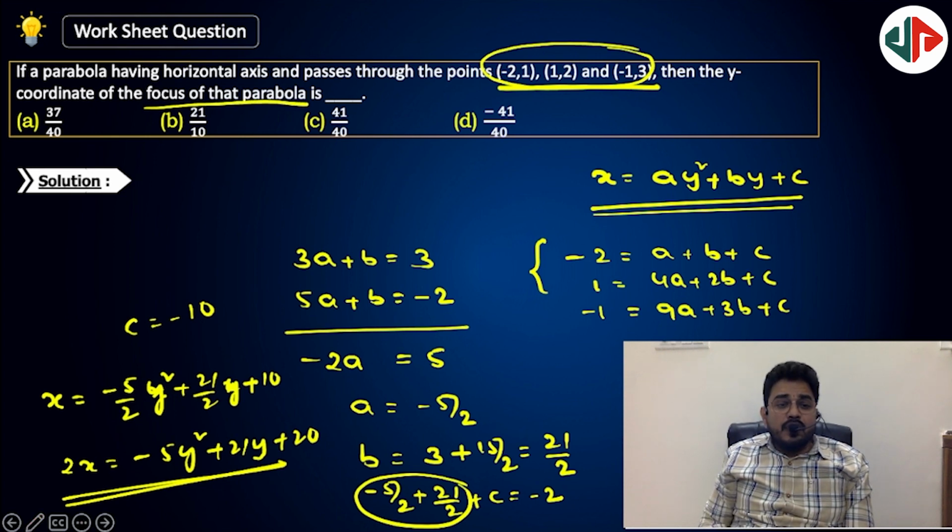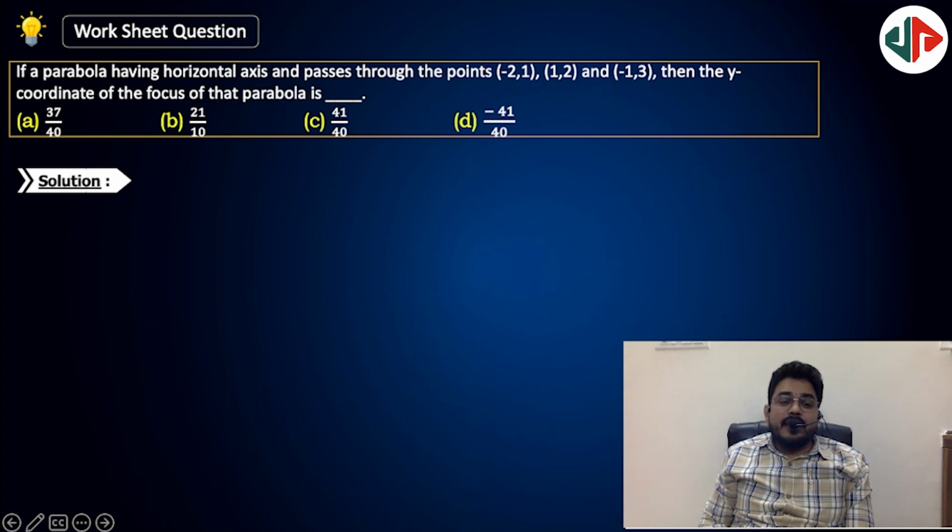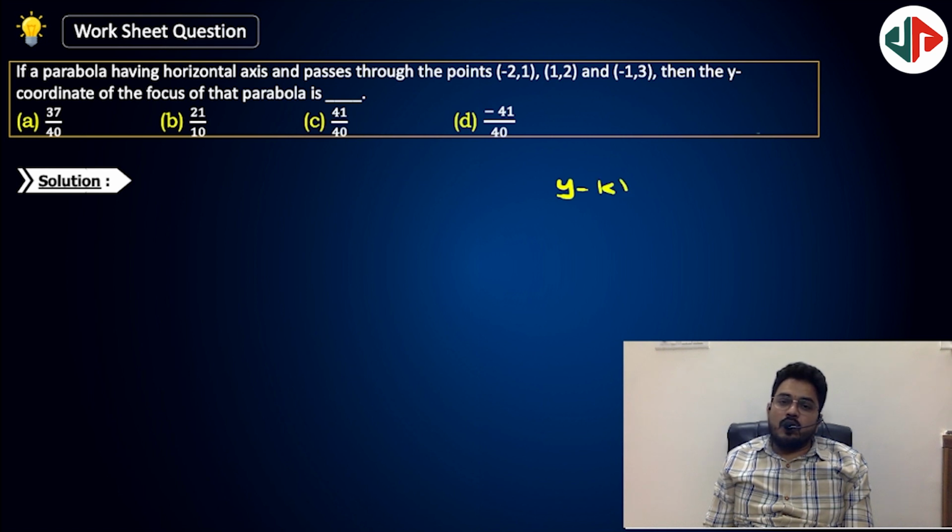So if you look at here, this is going too lengthy. Maybe I can make it a little easier, since they mentioned the axis is parallel to it. So simply what I'll do: y minus k whole square is equal to some constant a into x minus h.